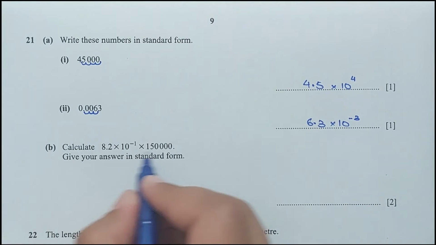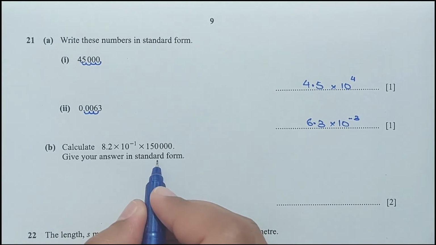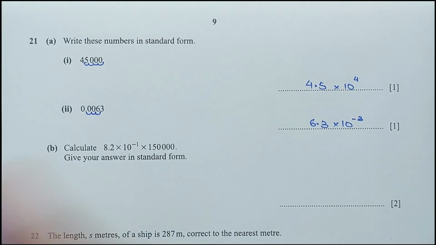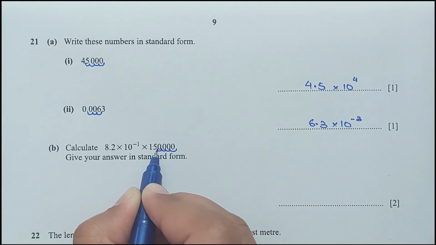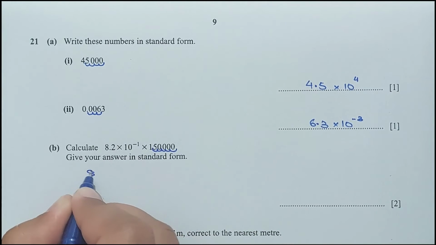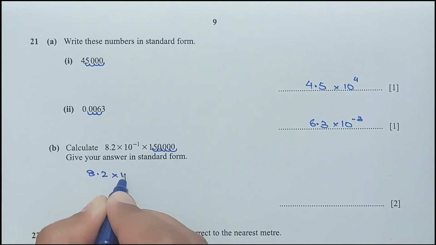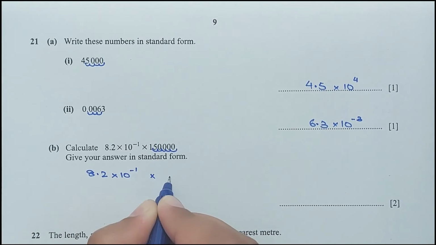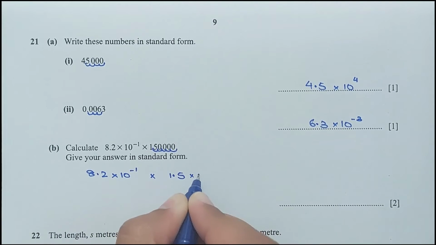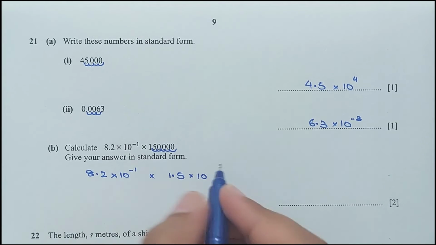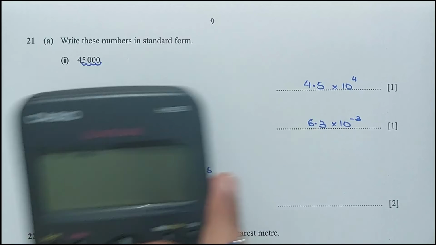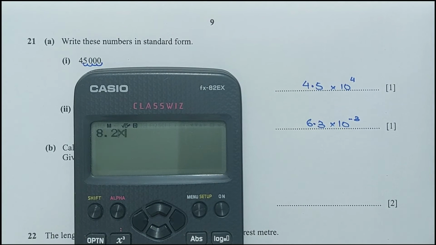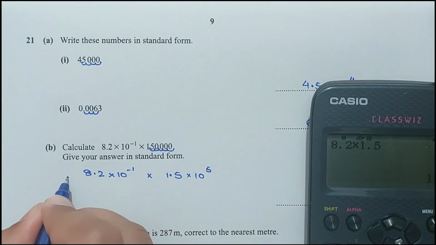Now for part B, calculate this, give your answer in standard form. We have to move 1, 2, 3, 4, and 5. So 8.2 times 10 to the power negative 1 and times 1.5 times 10 to the power, we move to the left, that is 5, right? So 8.2 times 1.5 is 12.3.